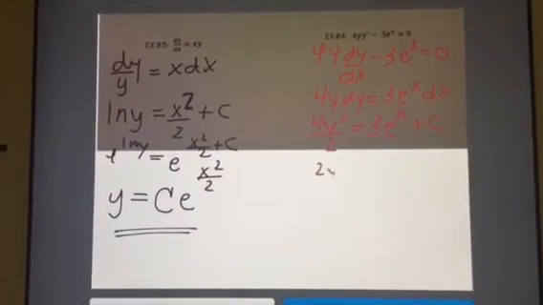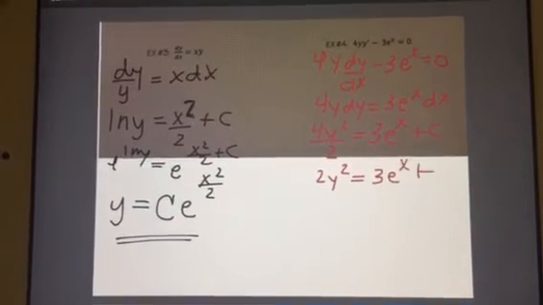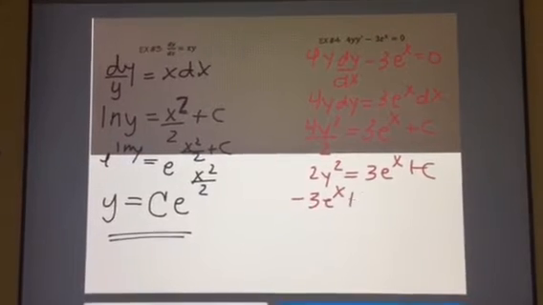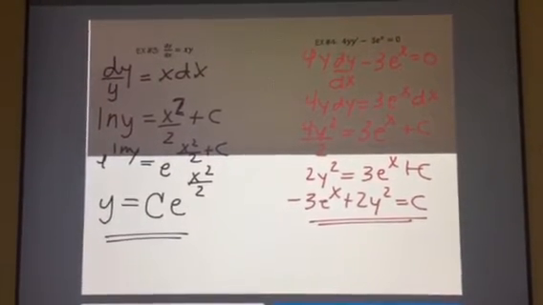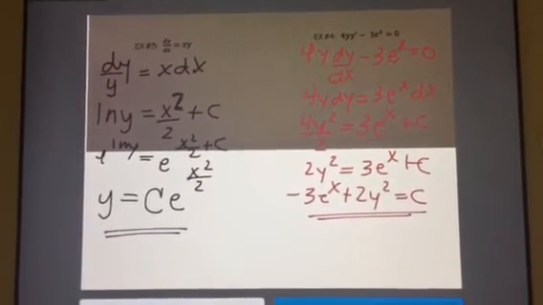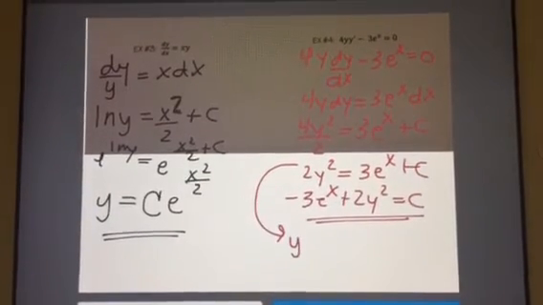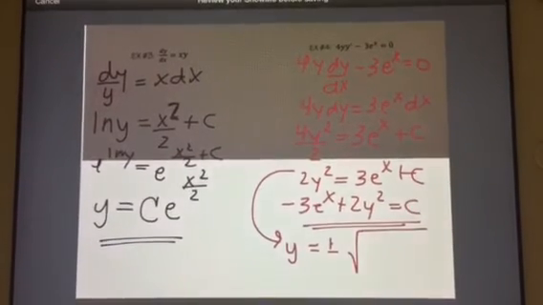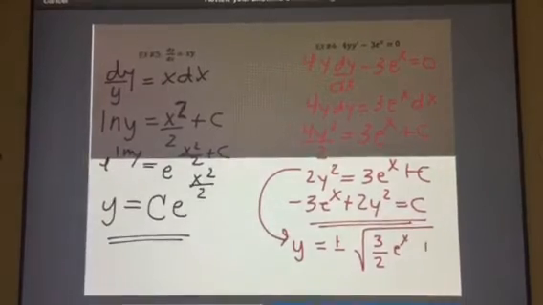This simplifies to 2y squared equal to 3e to the x plus c. I can send this over and have negative 3e to the x plus 2y squared equal to c. That could be one way to write the solution. Or I can divide by 2, take the square root, and that'll give me y will equal plus or minus square root of 3 over 2 e to the x plus c.